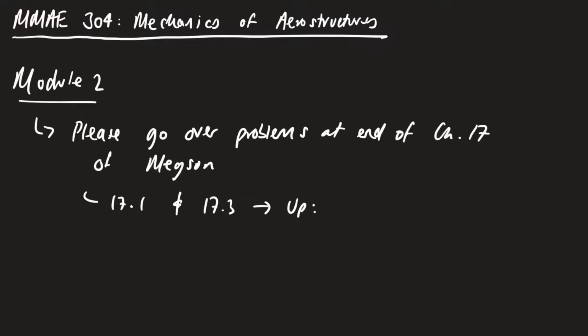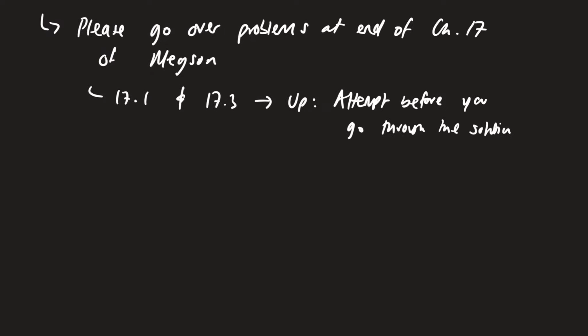What I'd advise you to do is attempt them before you go through the solution, because otherwise you won't learn anything. There are a couple more questions on there that I advise you to go through, 17.6 and 17.8.